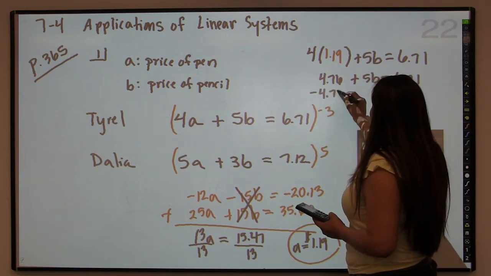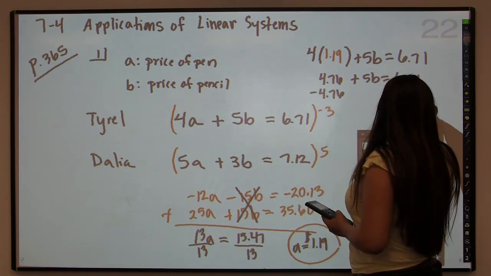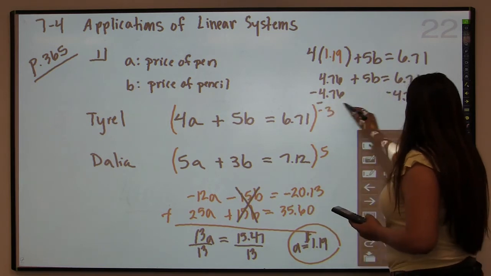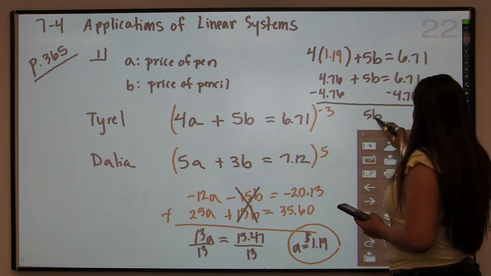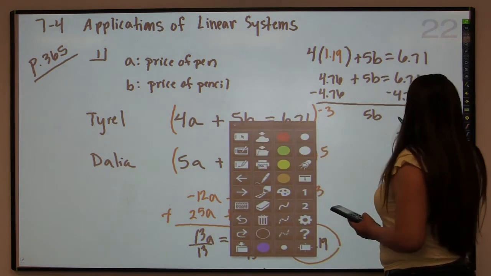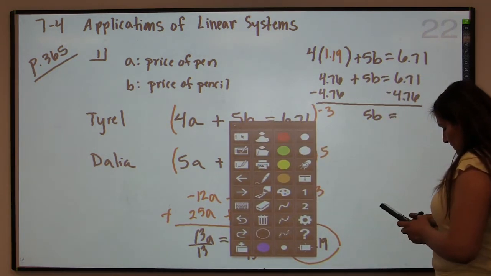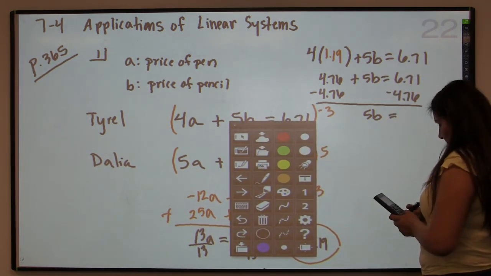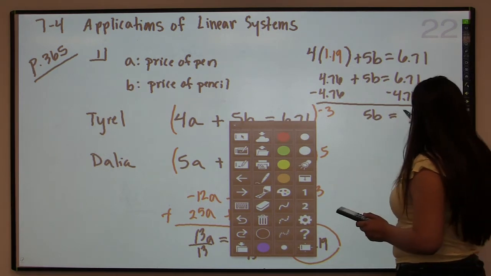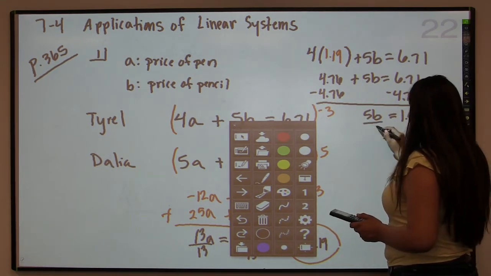Subtract the 4.76 from both sides. And 5B will equal 6.71 minus 4.76, which is 1.95. Divide by 5.